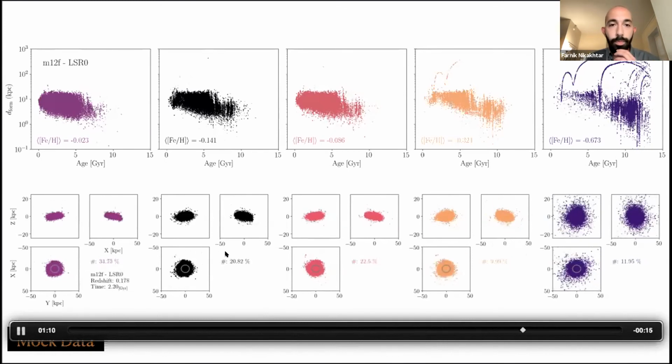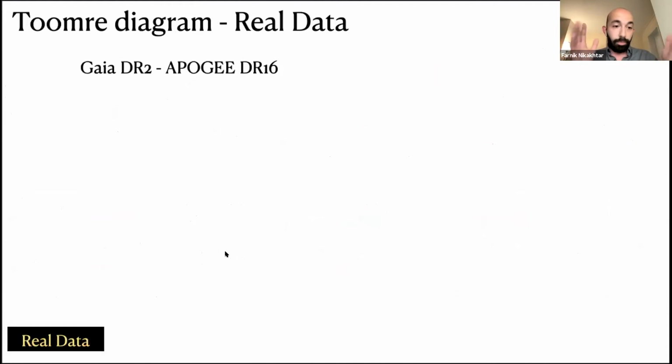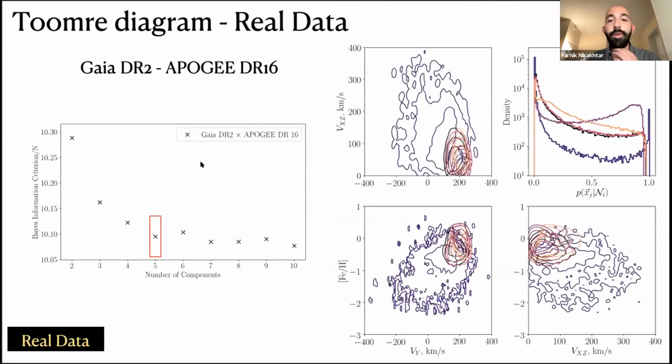So for the real data, it's interesting that we did the same analysis, and we find that in the Gaia DR2 APOGEE DR16 real data, the optimal number of clusters is again 5.